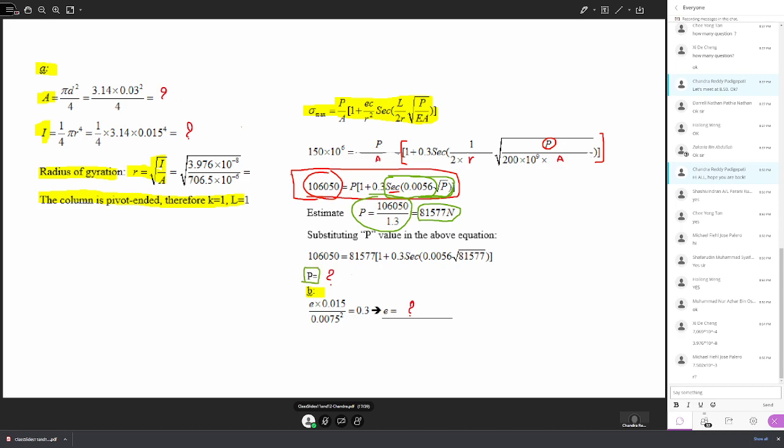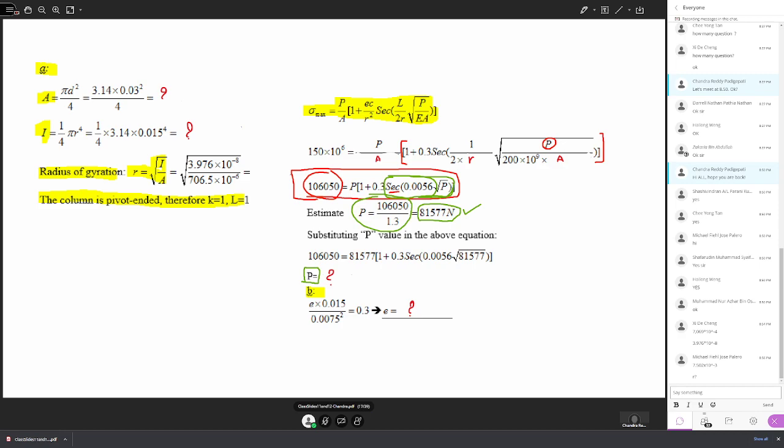So you need to do 2 or 3 iterations, starting from an approximate value like this. Sometimes if you use the same value, you may get very close to this, and then you can fix this value as the answer for P. There is no unique way of solving this, only trial and error.